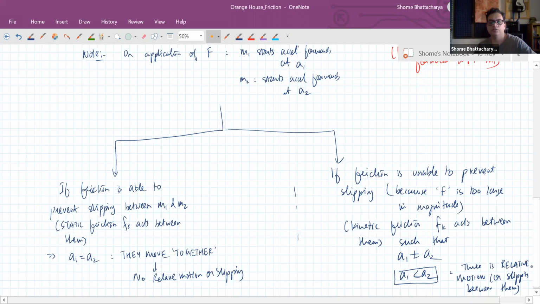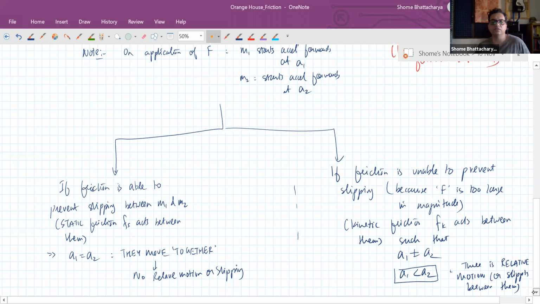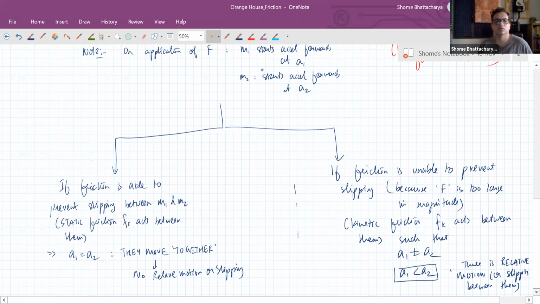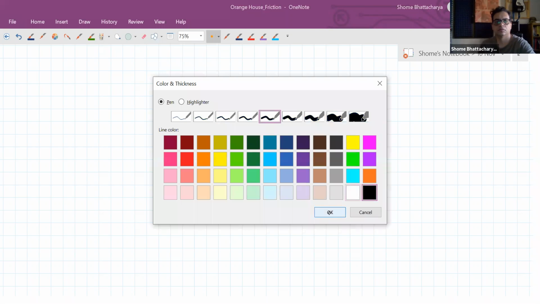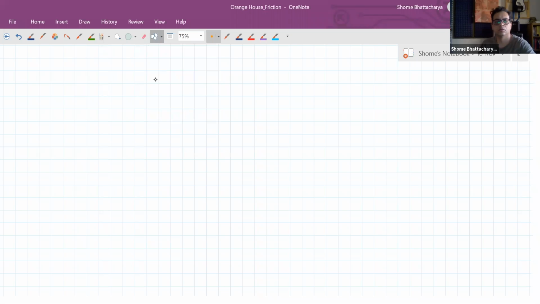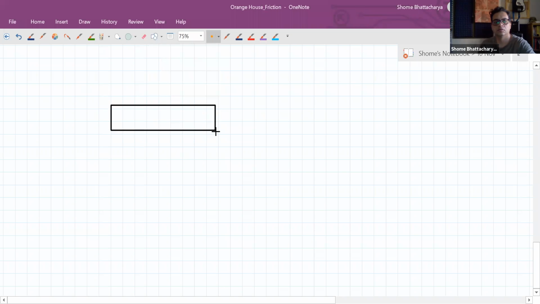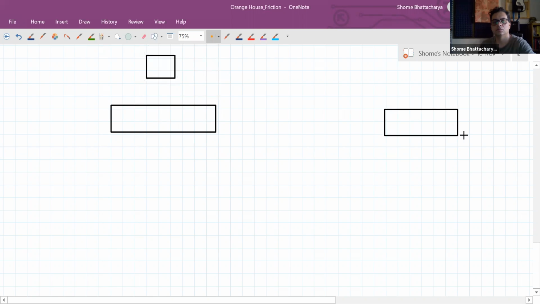Okay, so you finished writing this down. So now let us understand the detailed free body diagrams, and from that we will understand which of the two is happening. So the detailed free body diagrams are like this. The lower block, the upper block, so actually they are in contact like this.